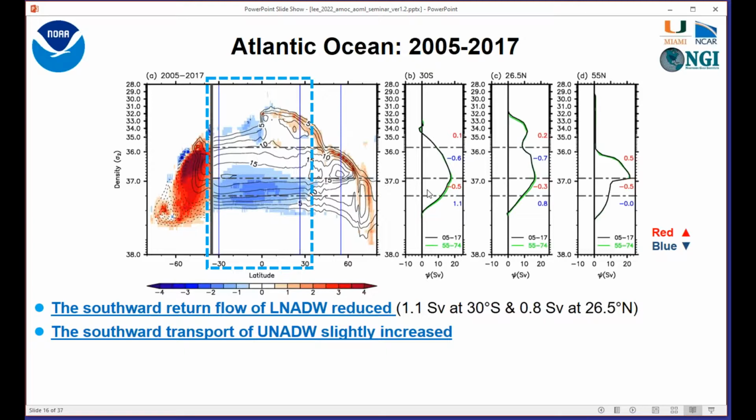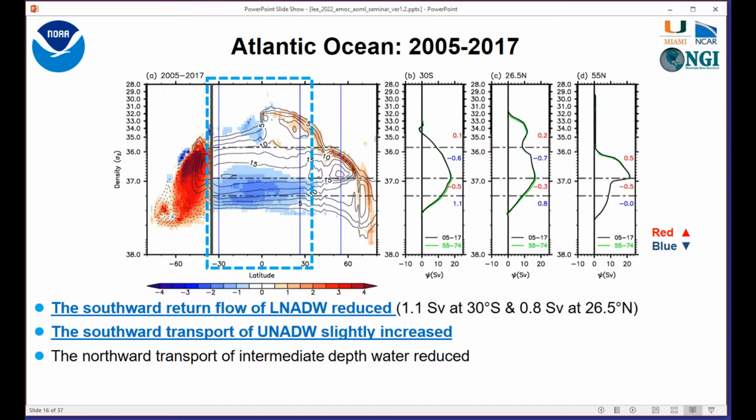And this is interesting because it's not much about the maximum transport changing. That's not the big signal here. The big signal is the change in the vertical structure, especially in the southward return flow. That is the main thing that we see here, basically this blob here, and I'm going to talk about it in more detail in the next slide.